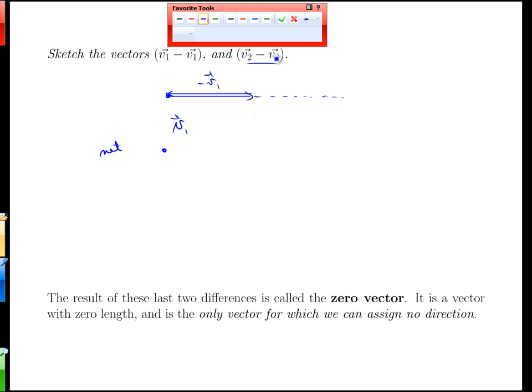And v2 minus v2, it's exactly the same thing. We would go up 45 degrees and then back down, and the net change there would just be a point.